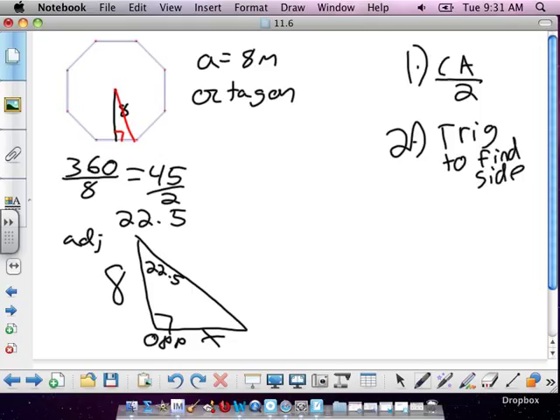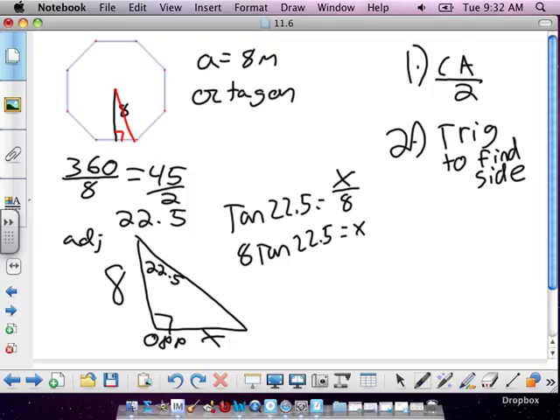So tan of 22.5 equals opposite, which is x, over adjacent, which is 8. Multiply both sides by 8. Plug this into my handy dandy calculator: 8 tan 22.5. I get 3.31.